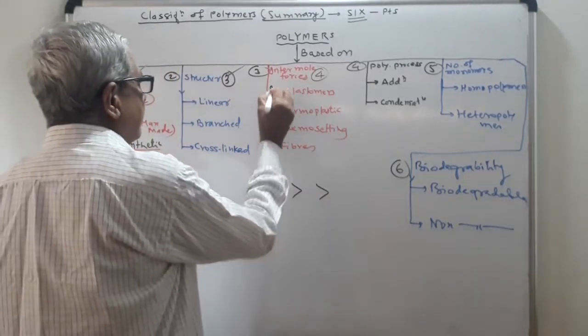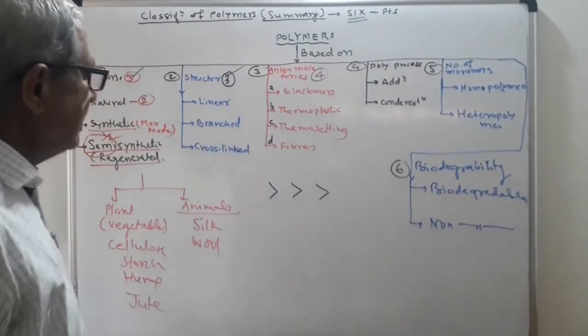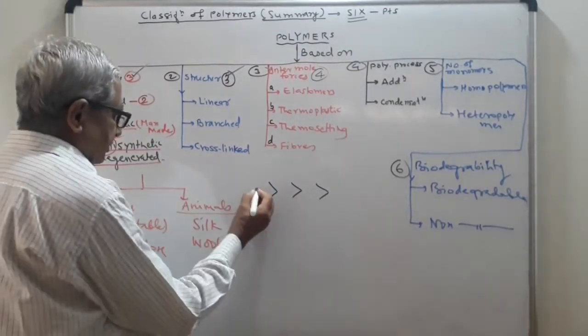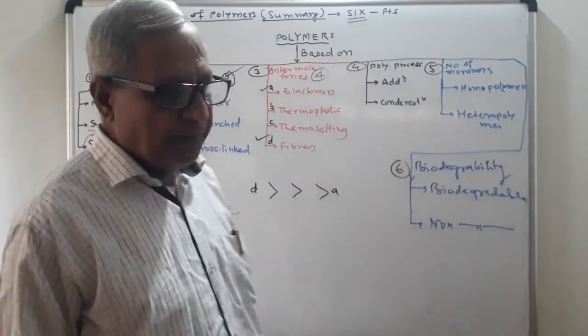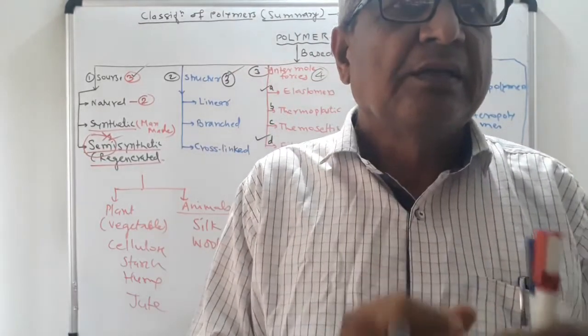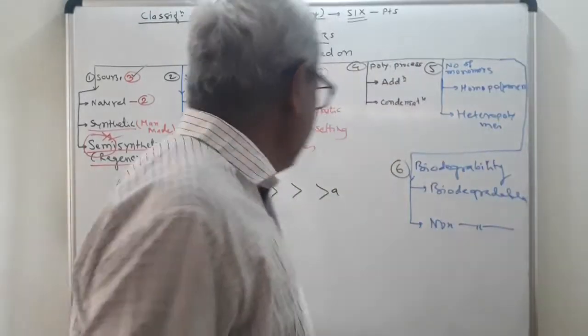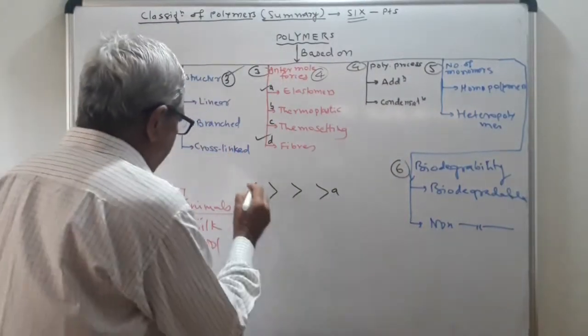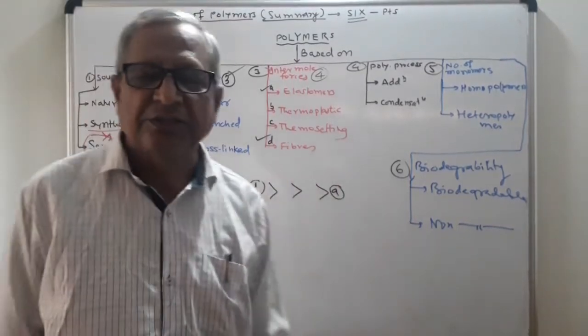Suppose I will give here A, B, C and D. Among these, which has the maximum intermolecular forces? D. Minimum, elastomers, A. So see here, if you try to stretch the fiber, it will break. It is not elongated. Therefore, it has the maximum intermolecular force of attraction. And then if you consider the last one, elastomers.